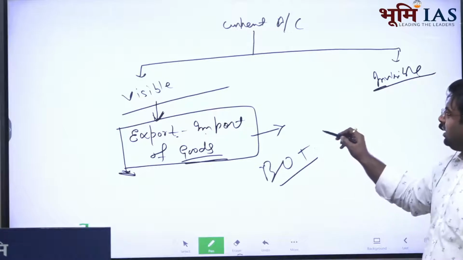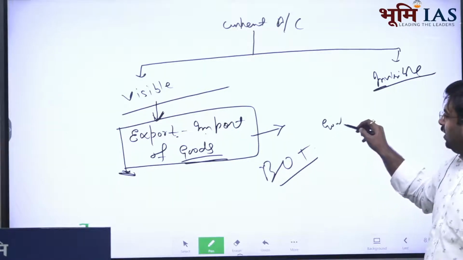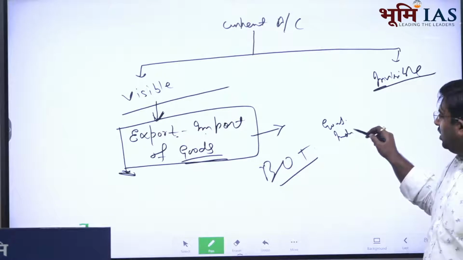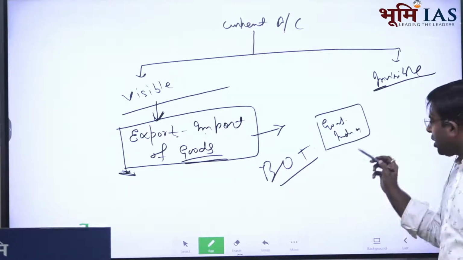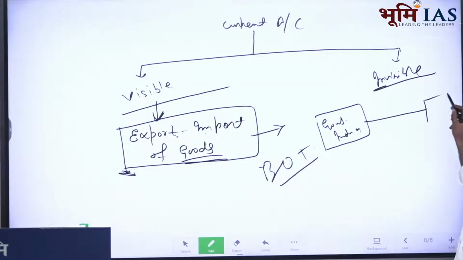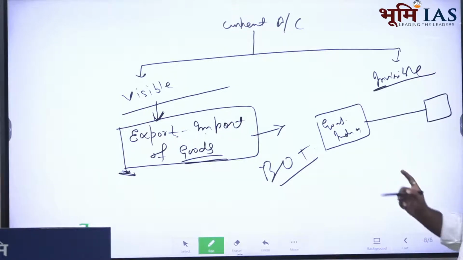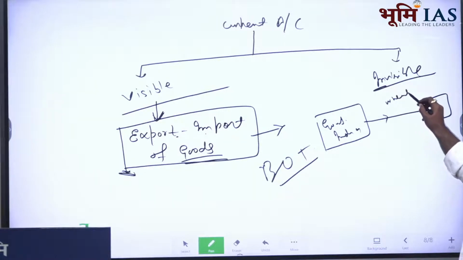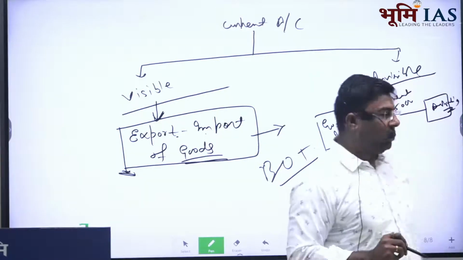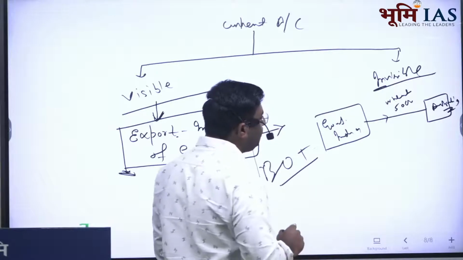Now if I try to cite an example over here, let's say that the government of India exported, this is a very important dimension which I am going to mention over here, the government of India exported wheat worth rupees 50 crore to Australia.